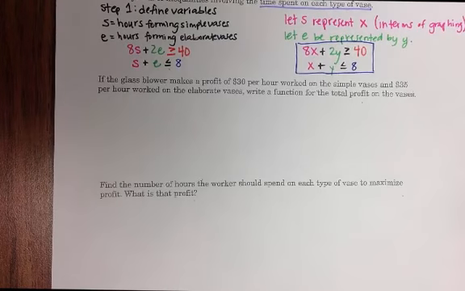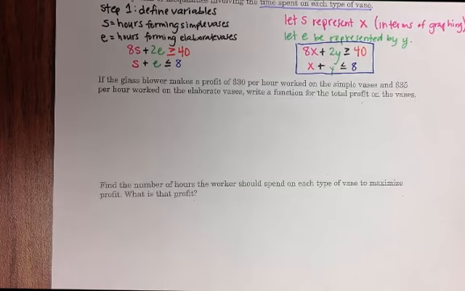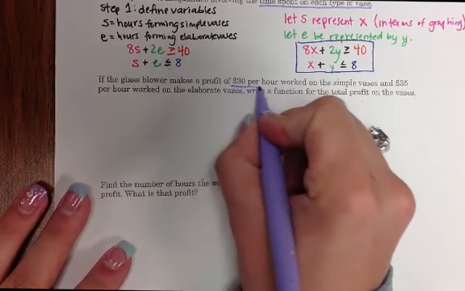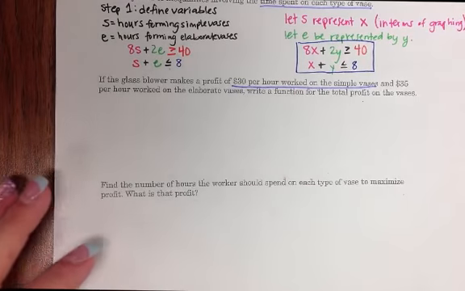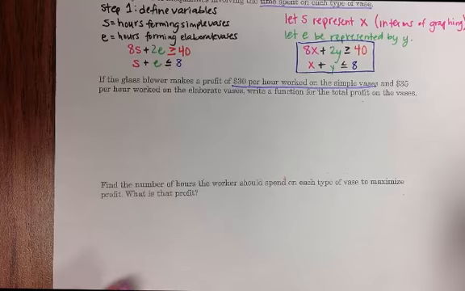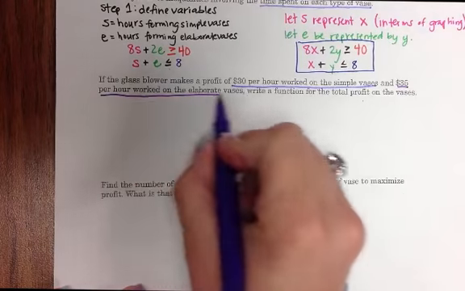Now we are asked, if the glass blower makes a profit of $30 per hour worked on simple vases and $35 per hour worked on elaborate vases, write a function for the total profit. So we have $30 per hour for simple, and we have $35 per hour on elaborate.